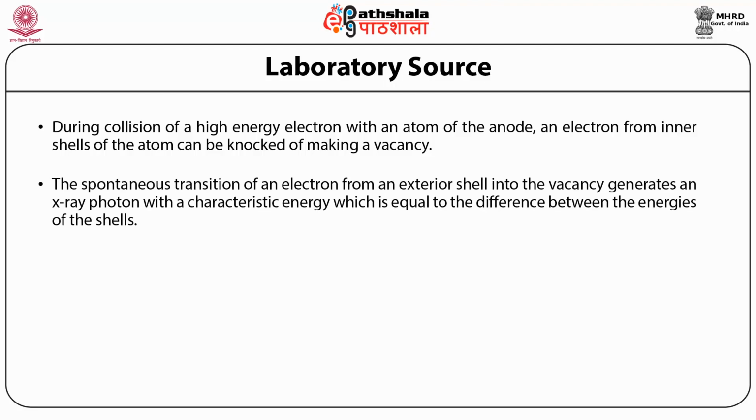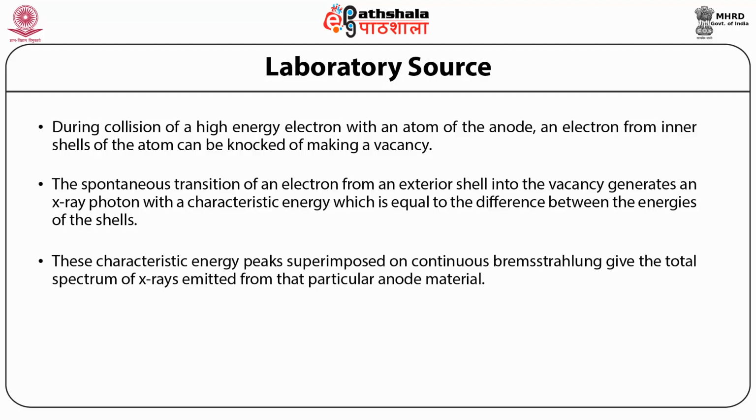The spontaneous transition of an electron from an exterior shell into the vacancy generates an X-ray photon with a characteristic energy which is equal to the difference between the energies of the shells. These characteristic energy peaks superimposed on continuous Bremsstrahlung give the total spectrum of X-rays emitted from that particular anode material.